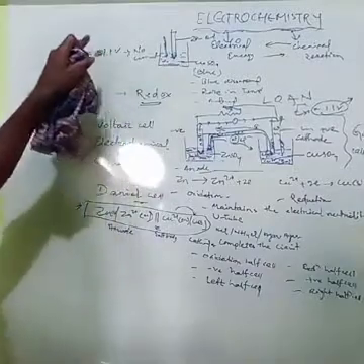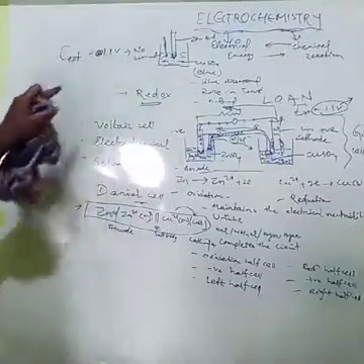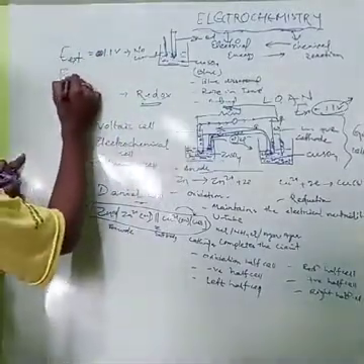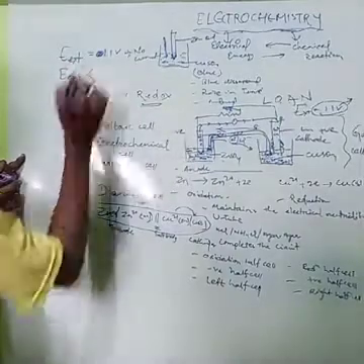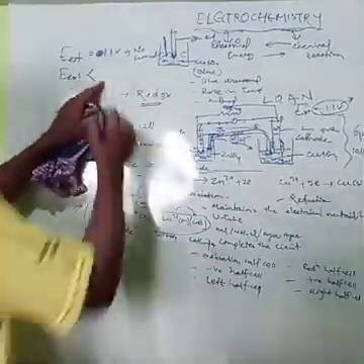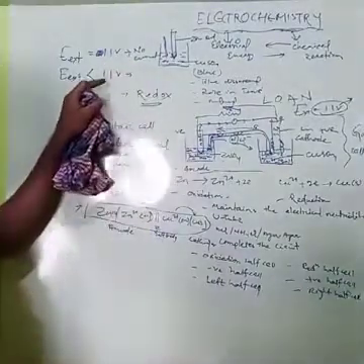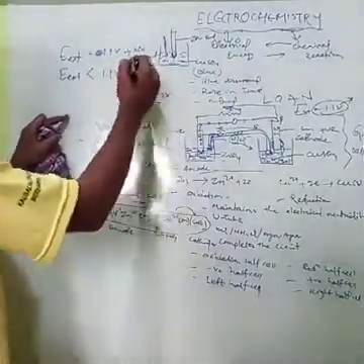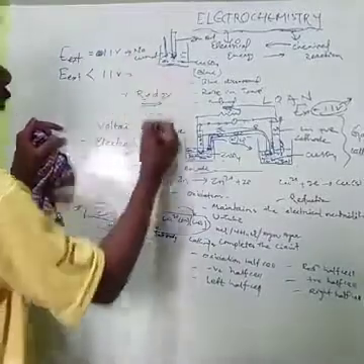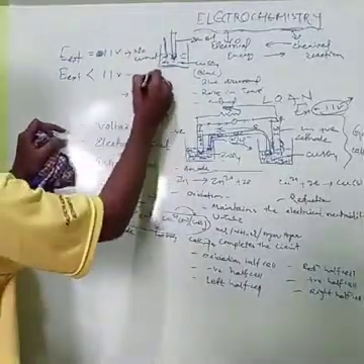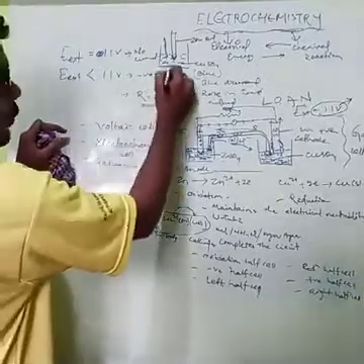Remember, if it is less than 1.1 volt, the flow of electrons is from negative to positive.